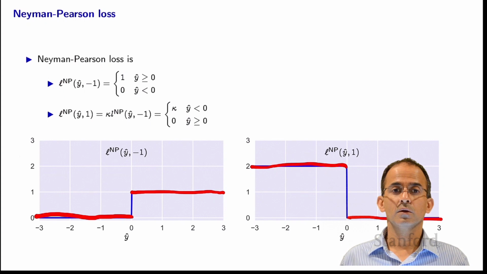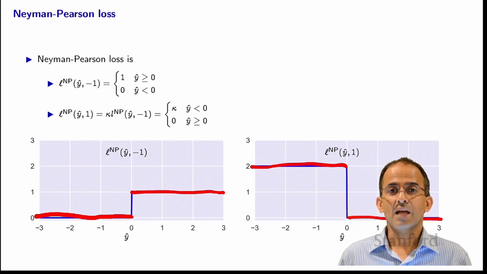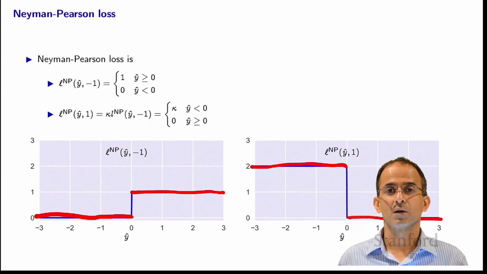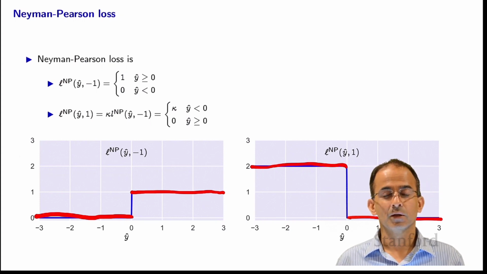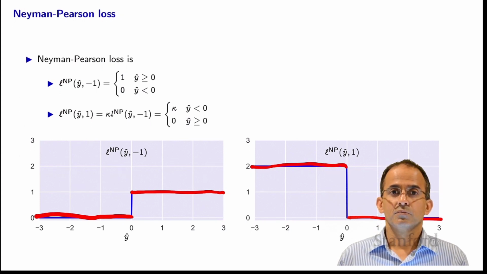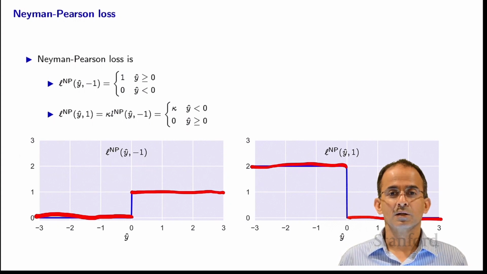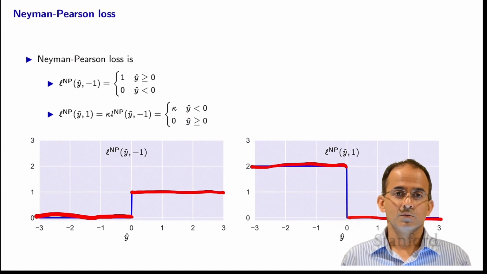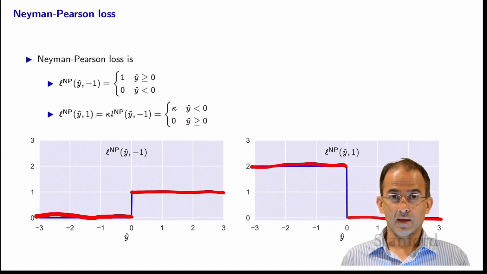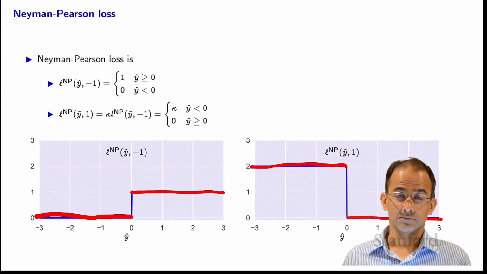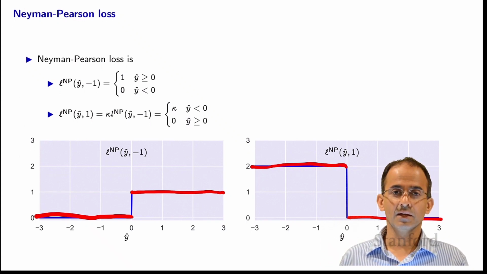And so it will equal kappa times the false negative rate plus the false positive rate, which is exactly the Neyman-Pearson performance metric that we defined before. And so this is the ideal loss function. For any particular kappa, use this as the loss function and do empirical risk minimization with this loss function. And the empirical risk will be exactly our desired performance metric.